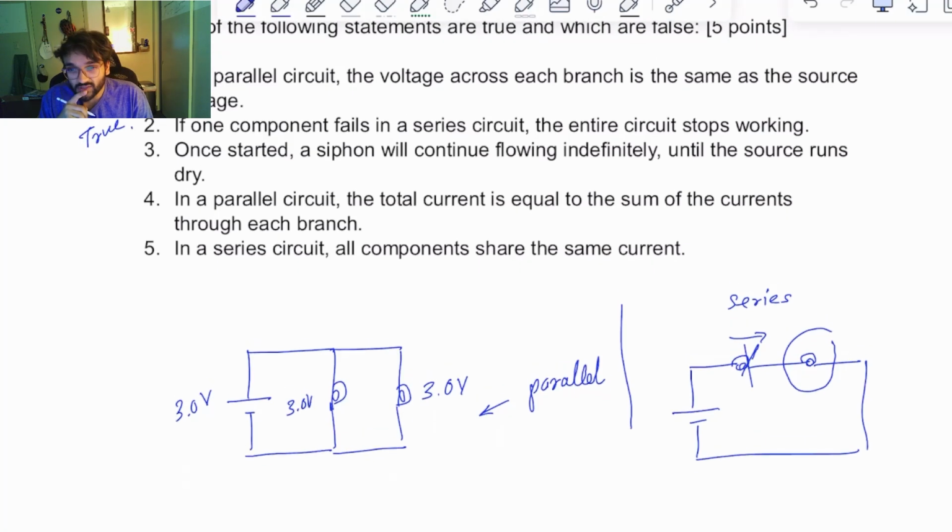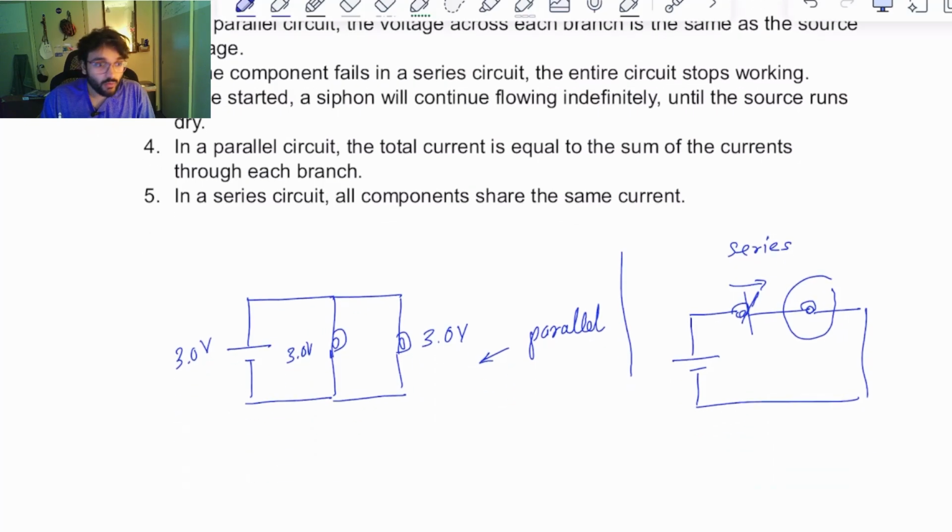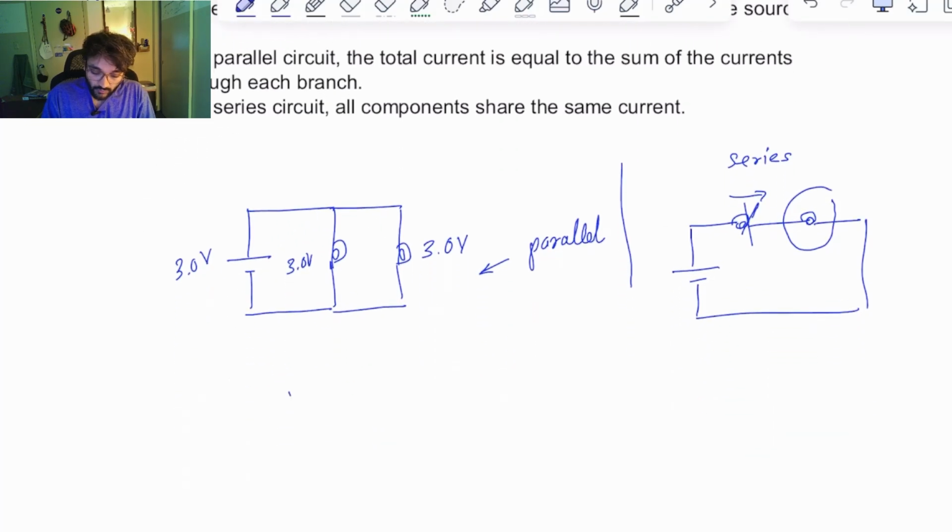All right. Question number three is, I think, a little tricky. It says once started, a siphon will continue flowing indefinitely until the source runs dry. Okay. The answer is no, it will not. We know that in order for the siphon to work, there needs to be a height difference, right?